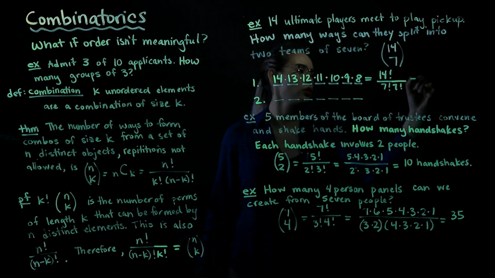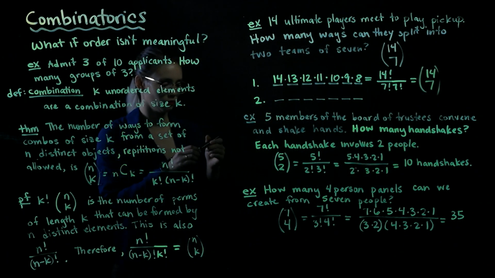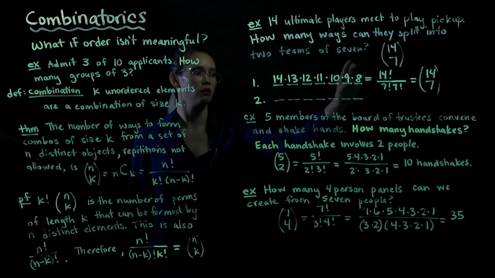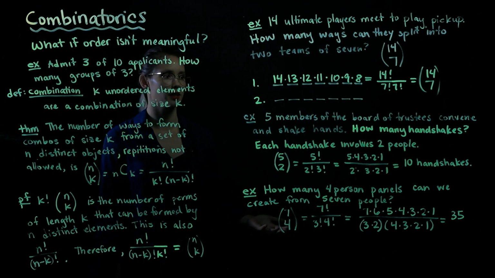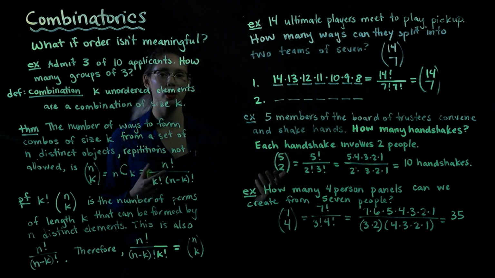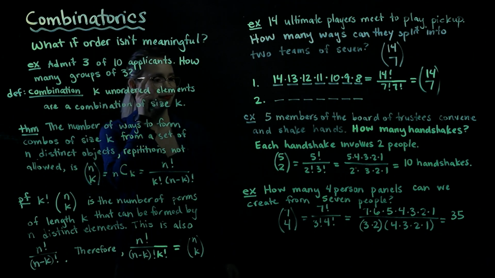So that is equal to 14 choose 7. Okay, so we only talked about team 1, and that's it. So why does that make sense? Because once we have determined who's on team 1, then anyone who's left over just goes on to team 2. We don't have to worry about counting anything because the order doesn't matter.